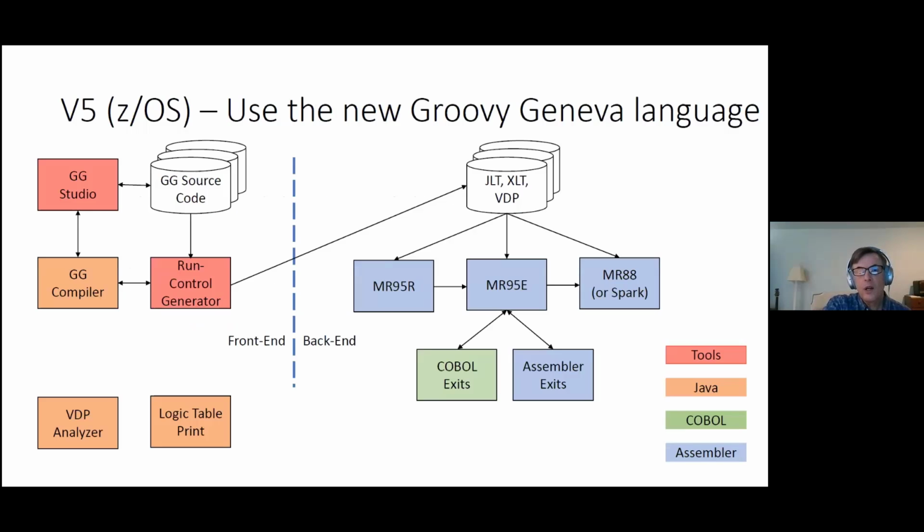So what a few of us are proposing is a version 5 of Geneva that looks something like this. Basically, the backend could remain the same, at least with this first iteration, as long as we find a different way of creating these run control files. And so what we could do is have a completely new language, and its sole purpose would be to create these 3 run control files.